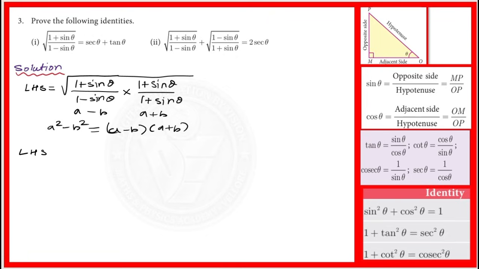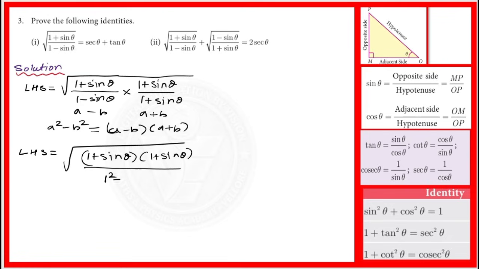LHS is equal to root of (1 plus sin theta) into (1 plus sin theta) divided by (1 squared minus sin squared theta). So we know the identity sin squared theta plus cos squared theta equal to 1.